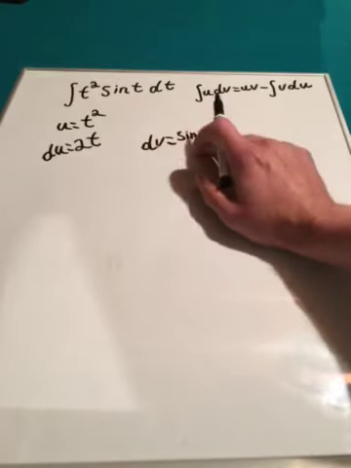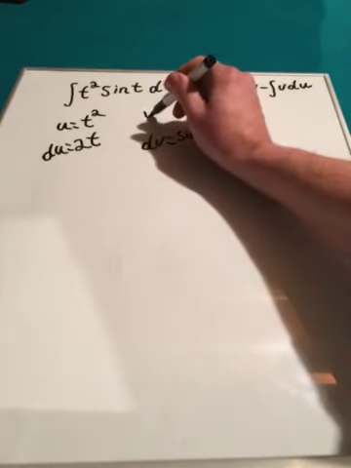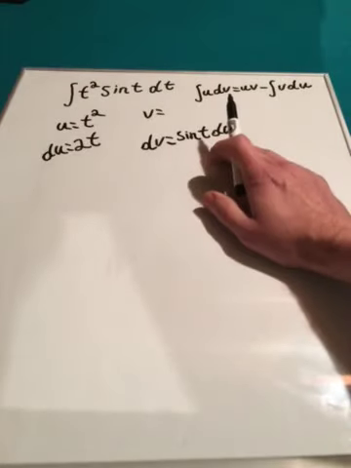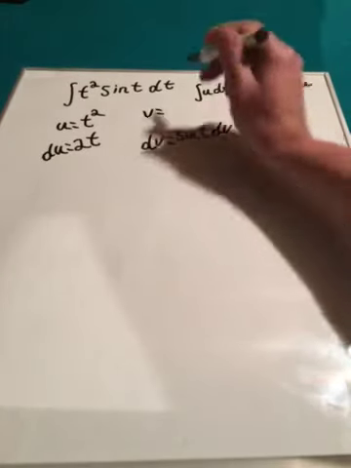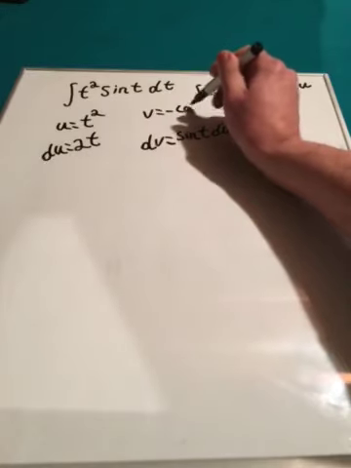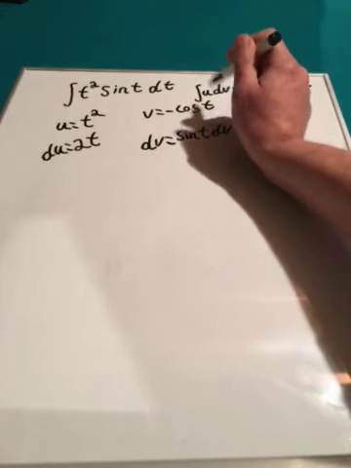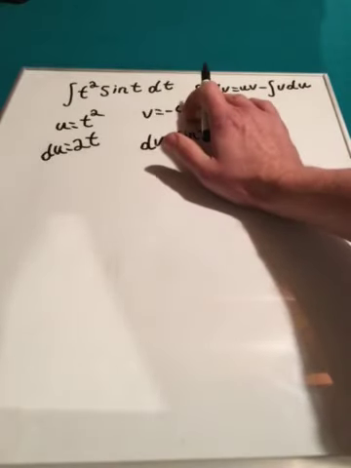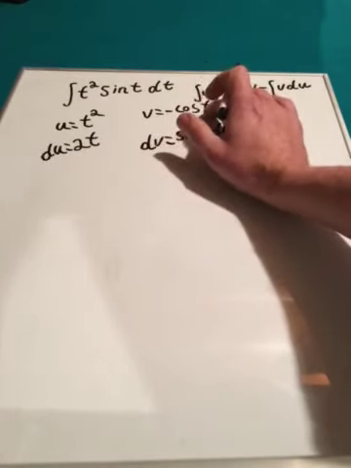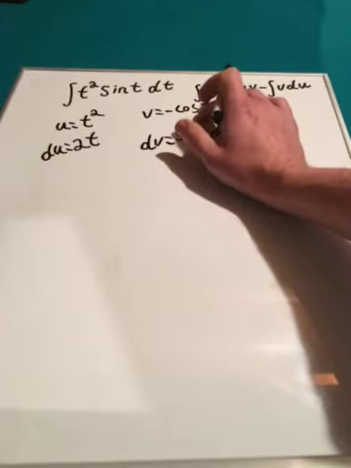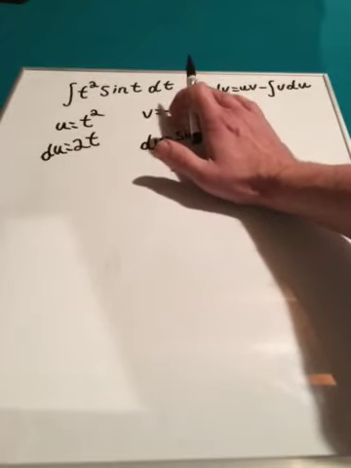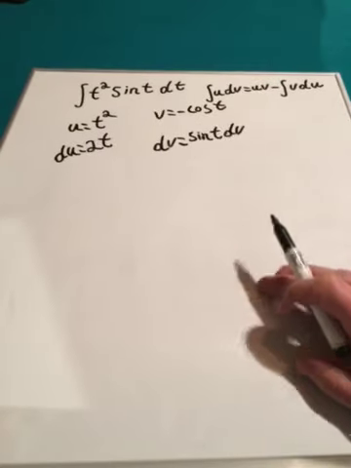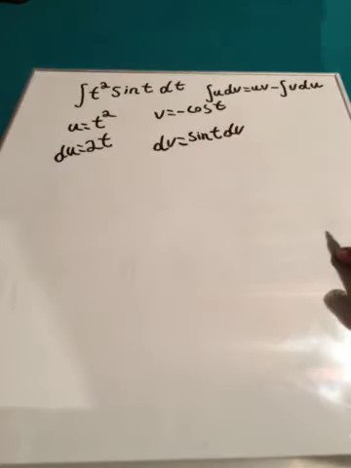If we have our dv, we just integrate, or go backwards, to get our v. If dv is sine of t, then v is going to be minus cosine of t. If you check and take the derivative of minus cosine of t, the derivative of cosine of t is minus sine of t, but you have an extra minus sign, so it's minus a minus sine of t, or sine of t.